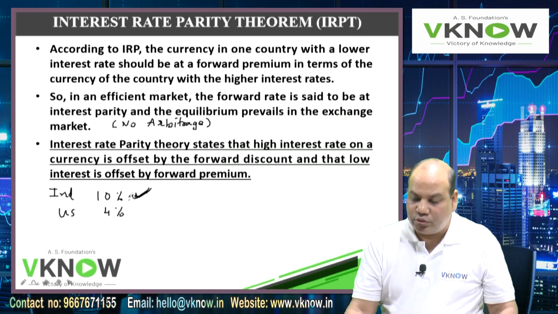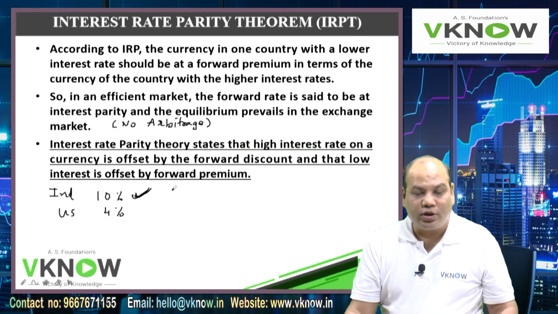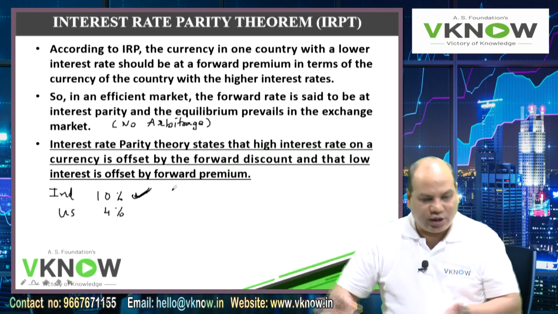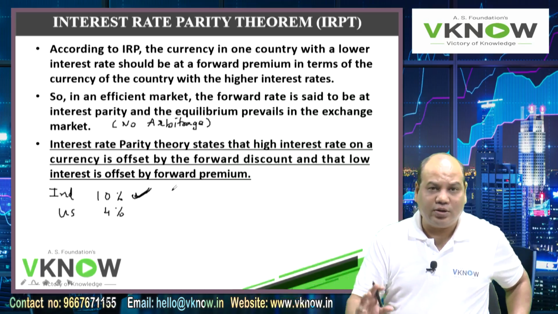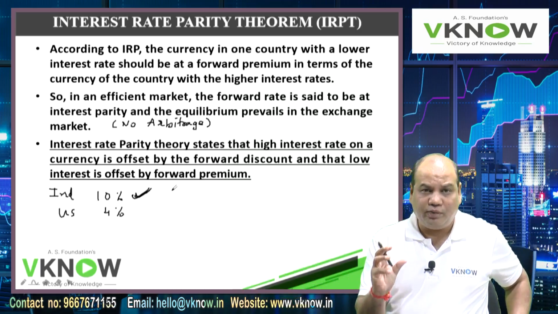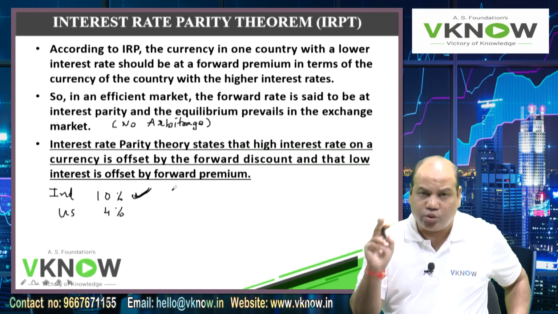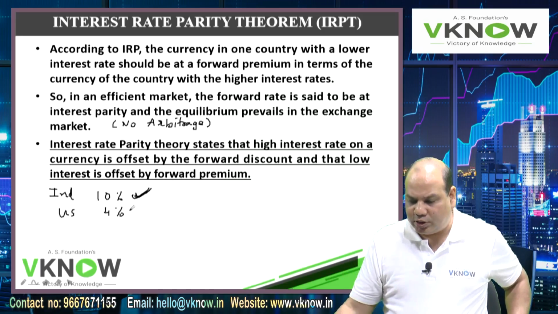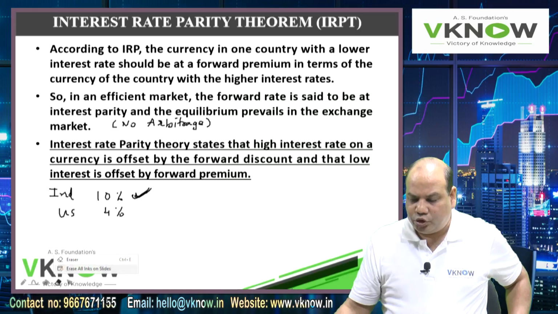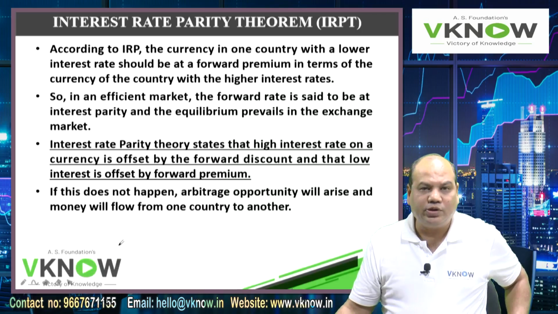But that effort to attract more US investment in India will be nullified, because after 1 year, when that US citizen takes back his money, he will find that the exchange rate has changed in such a manner that whatever benefit he enjoyed due to the higher interest rate in India is nullified by the depreciation in the Indian rupee. So you will not be able to make arbitrage profit by just borrowing from one country and investing in another country, because the exchange rate would change and it will nullify that benefit.